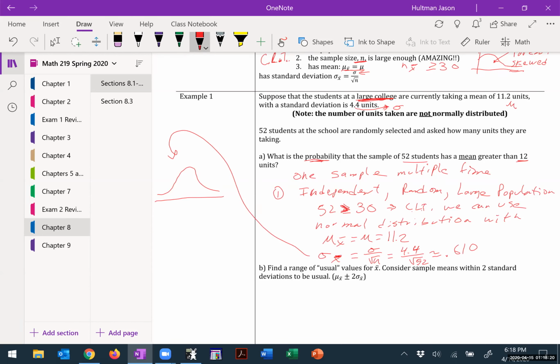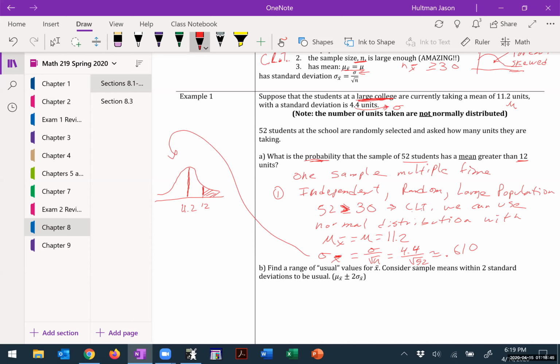We know that the mean is 11.2, and we want the probability that the mean for any 52 students that I were to grab is greater than 12.